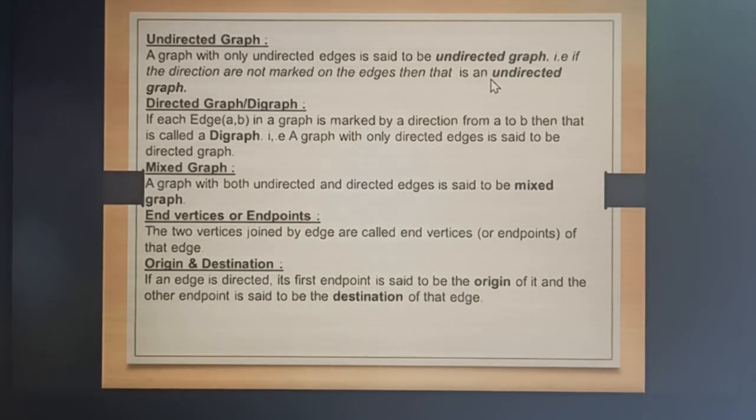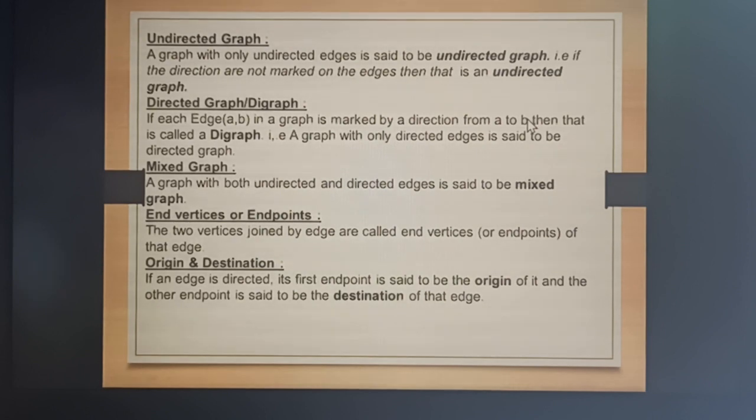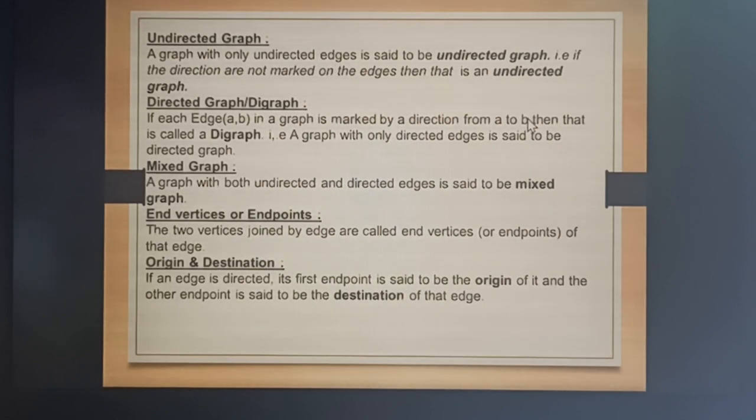Direction is not mentioned. Okay, what is a directed graph? A directed graph is also called a digraph. If the edges contain a direction above them, then that is called a directed graph. If each edge AB in a graph is marked by a direction from A to B, that is called a digraph.